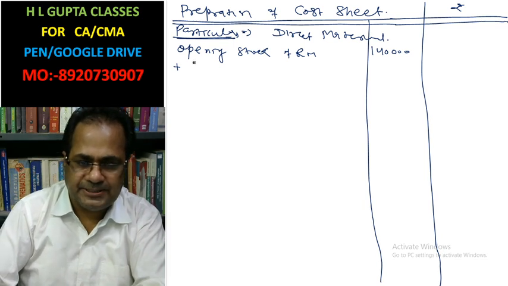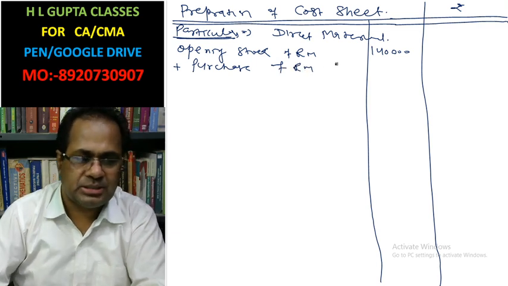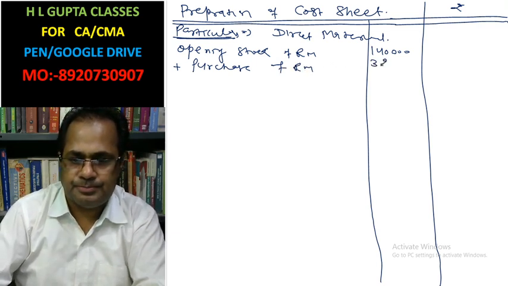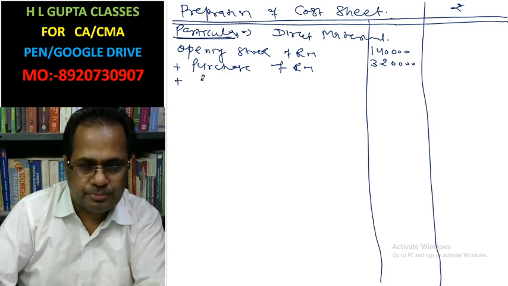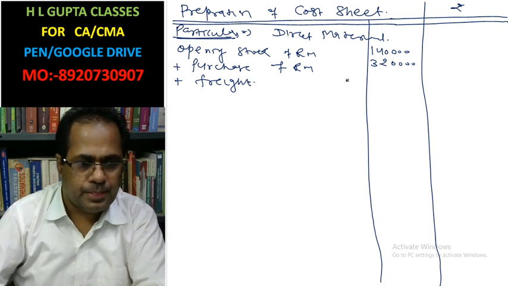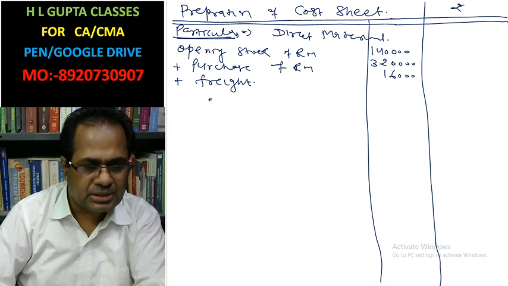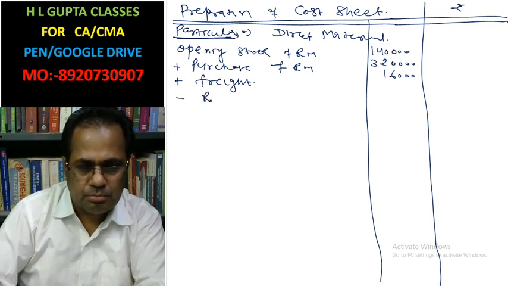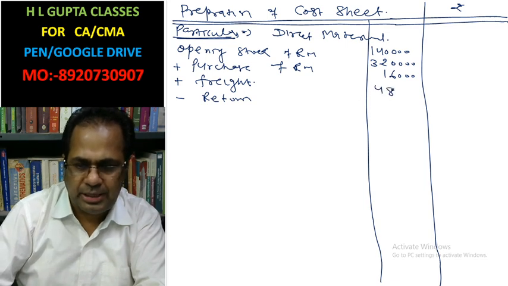Plus purchase of raw material. This is given 3,20,000. Plus freight 16,000. Purchase returns 4,800.